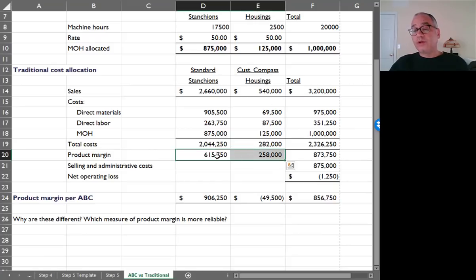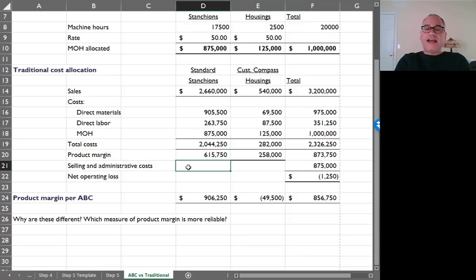Traditional absorption costing says product margin is only $615,750 on standard stanchions and $258,000 on Custom Compass housings. So according to traditional costing, that would tell us that Custom Compass housings are profitable. ABC would say that they're not.